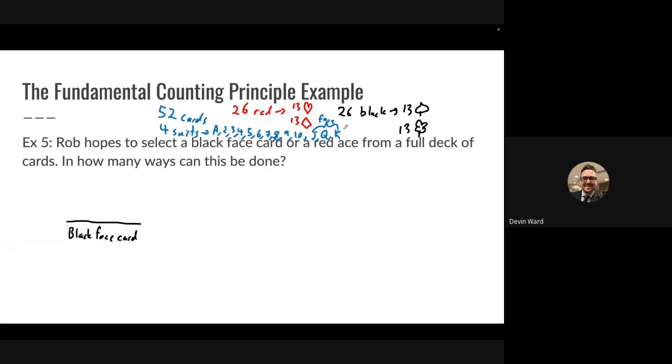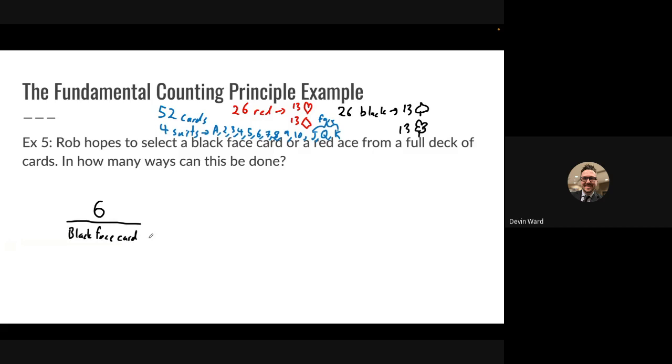So we'll have 1, 2, 3 for the spades and 1, 2, 3 for the clubs. So there are 6 total black face cards: the jack of spades, queen of spades, king of spades, and the jack of clubs, queen of clubs, and king of clubs.